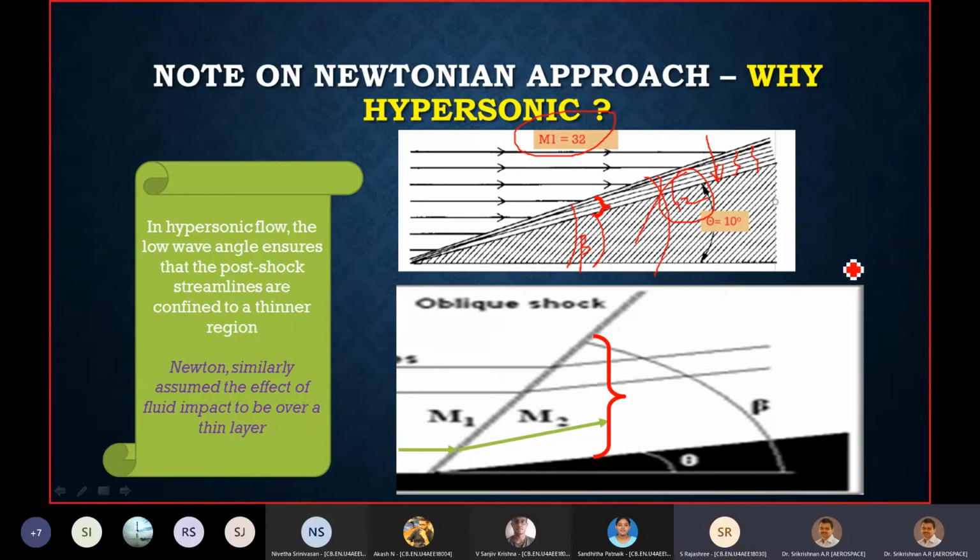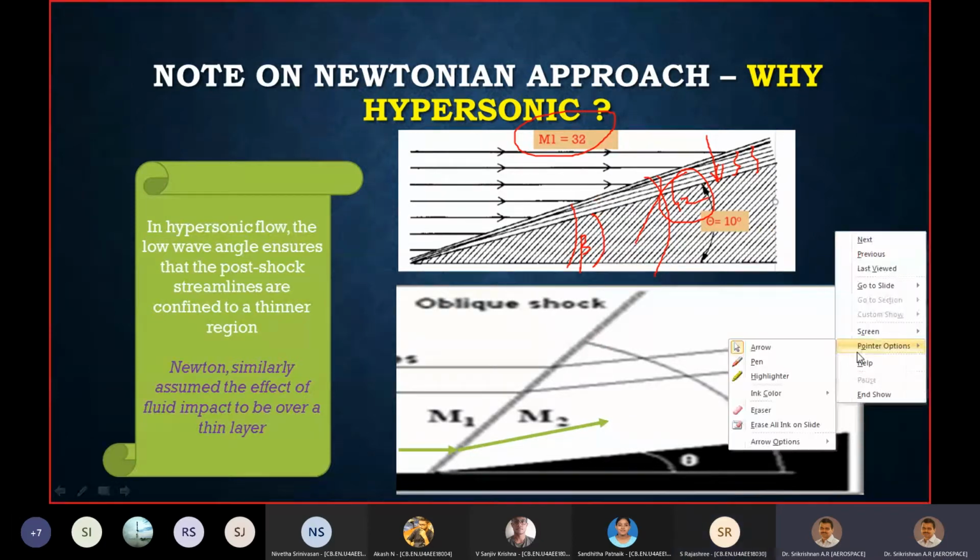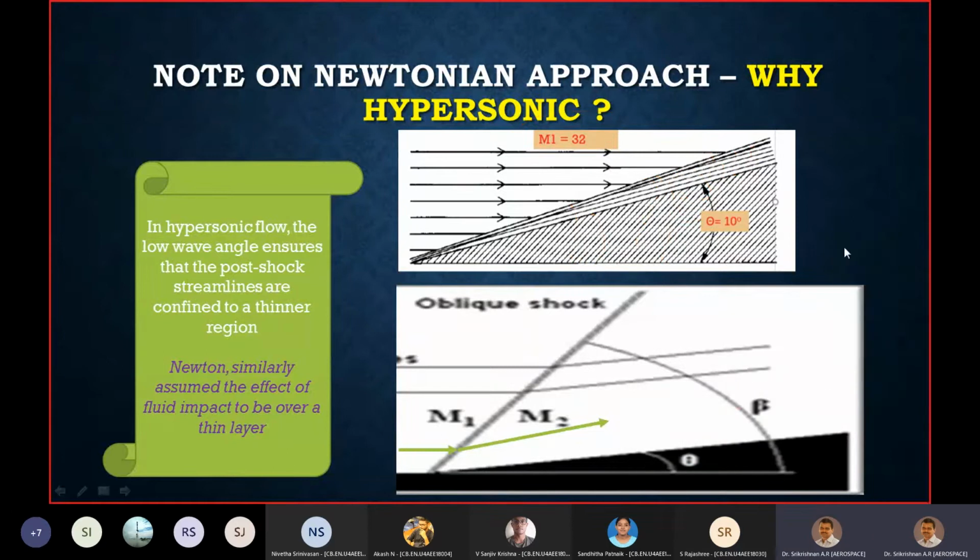Okay. What I'm trying to show here, I'll just clean up the mess on the slide. Now what I'm going to show is the two curly brackets which indicate the shock layer thickness for hypersonic flow, for low beta value and for high beta value.